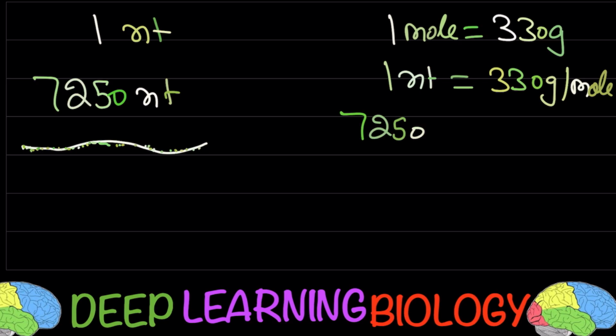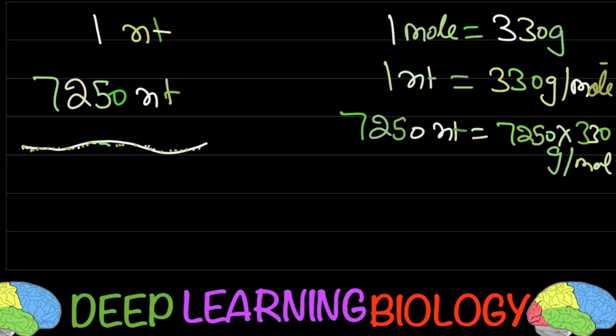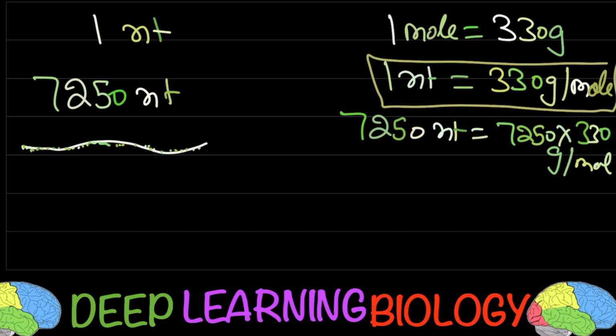The 7250 nucleotides are going to weigh 7250 multiplied by 330 gram per mole. So 1 nucleotide has a weight of 330 gram per mole, and 7250 nucleotides are going to have 7250 multiplied by 330 gram per mole.